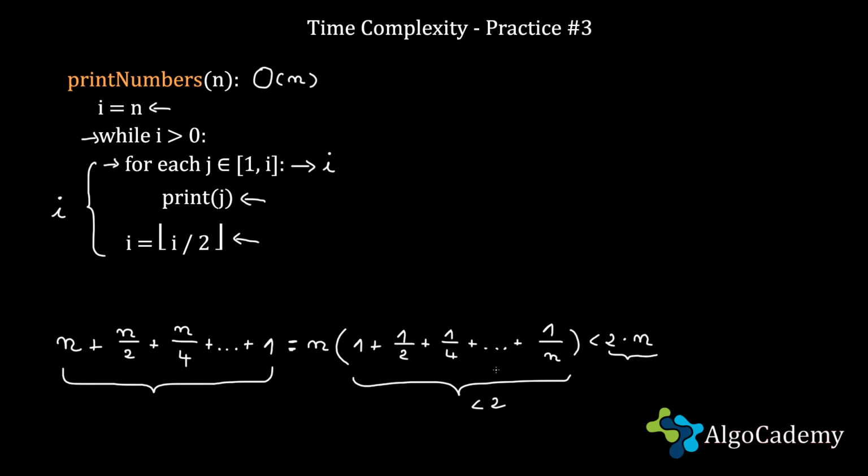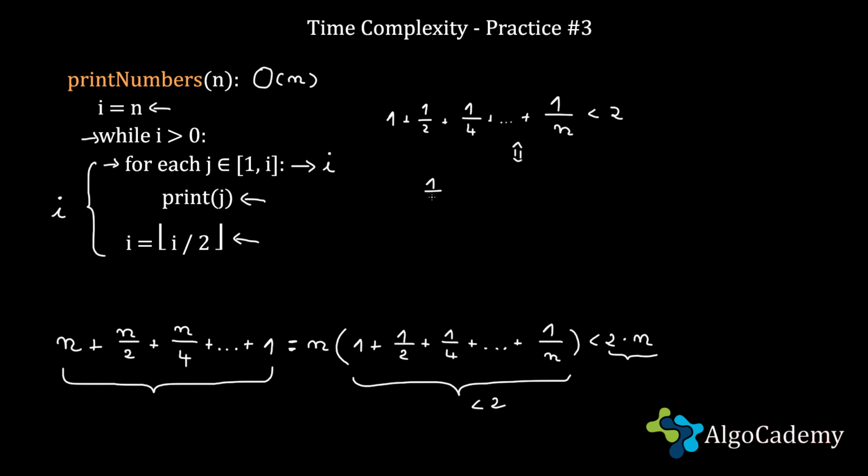So the other way of proving this is a simpler approach. This sum, 1 plus 1 divided by 2, plus 1 divided by 4, plus and so on up to 1 divided by n, is less than 2. For this to happen, let's subtract 1 from each side.